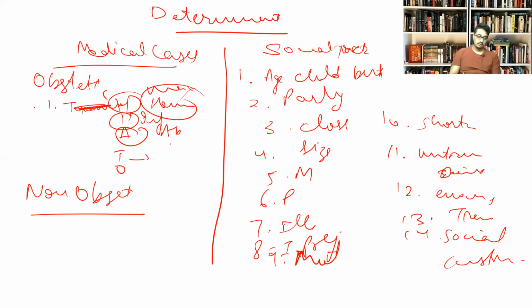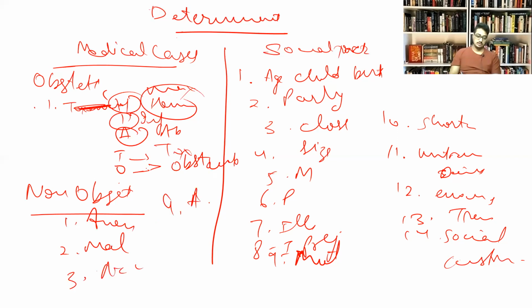T means toxemia of pregnancy, and O means obstructed labor. Non-obstetric causes are anemia, malignancy, accidents, and associated diseases like cardiac, renal, hepatic, metabolic, and infections. So this is about maternal related indicators.